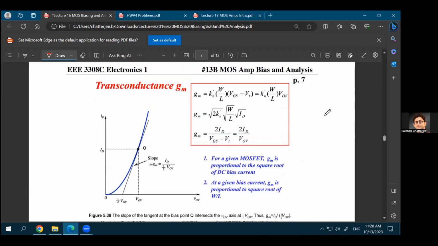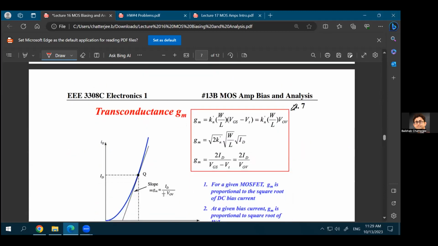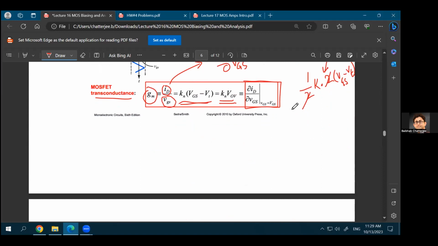The transconductance can also be represented in multiple other ways. I can write it down here so it will be easier to understand. gm equals K times overdrive. Now you know that current is equal to half of K times overdrive squared.